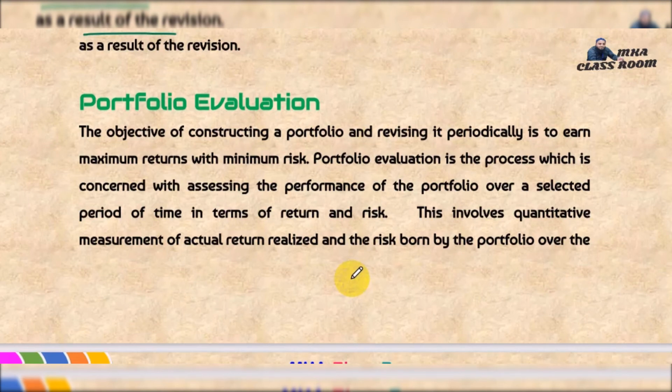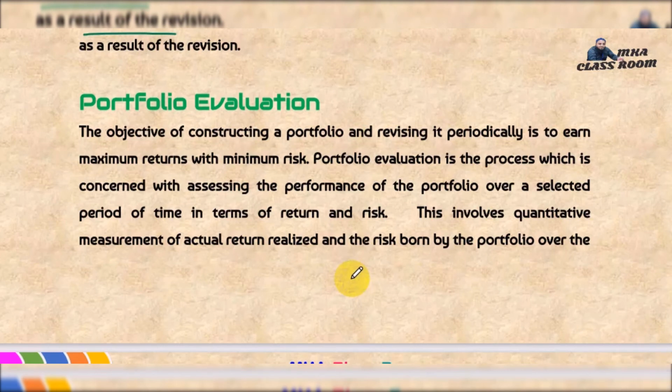Portfolio evaluation is the process concerned with assessing the performance of the portfolio over a selected period of time in terms of return and risk.